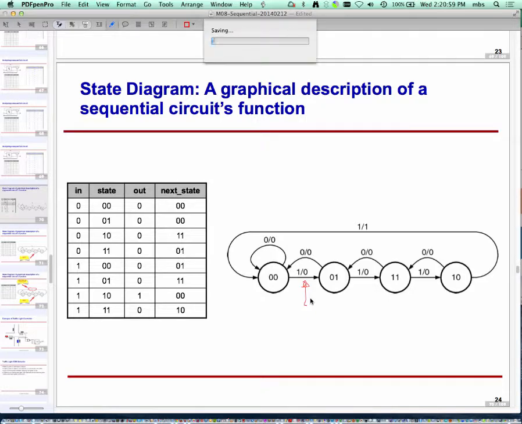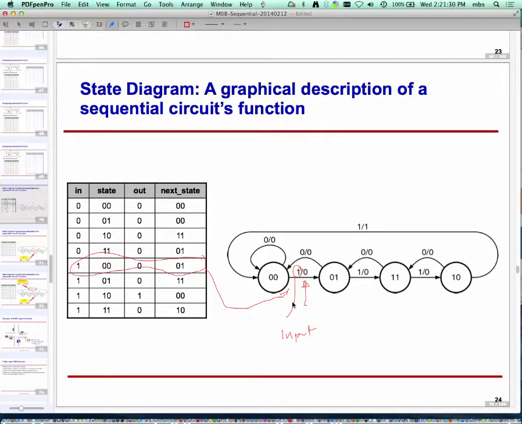The condition here means what the value of the input should be. So I'm going to take this transition if the value of input is 1. This represents input. And we can see that state 0, 0, input 1, I want to go to 0, 1. This particular row corresponds to this particular edge.